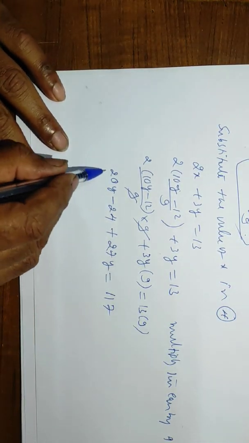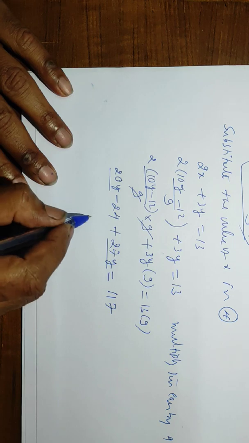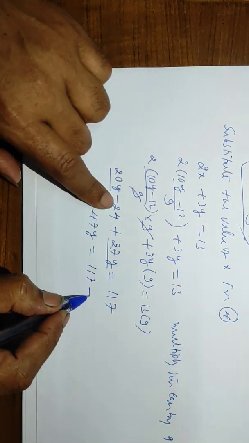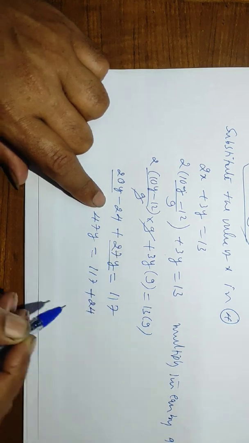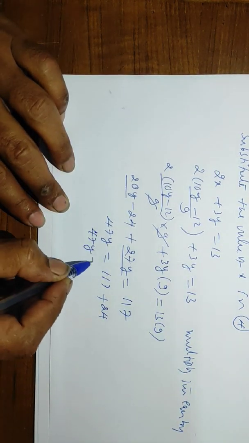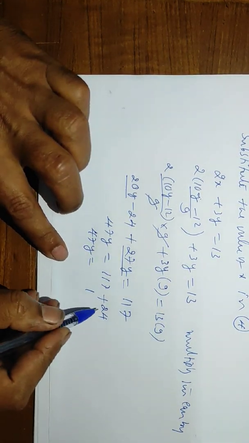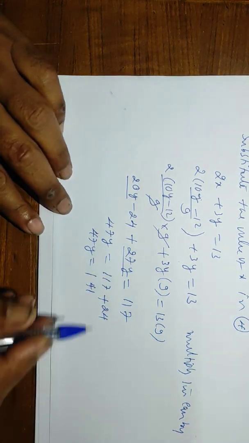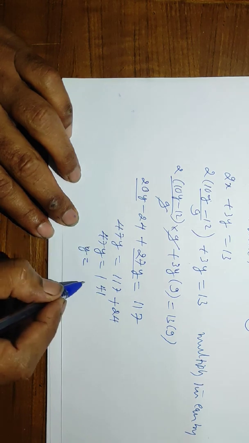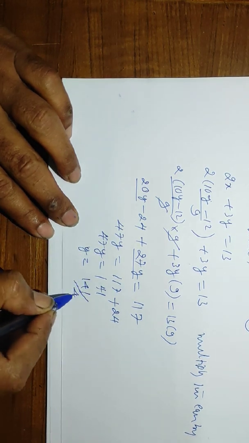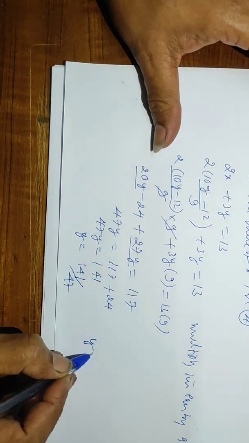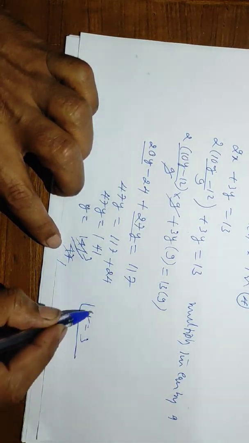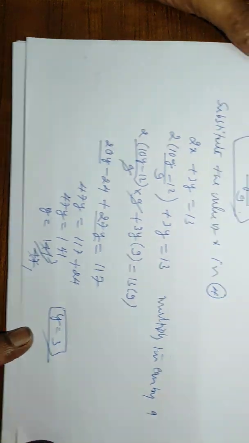So 20y plus 27y, that is 47y is equal to 117. On transposing it becomes plus 24. 47y is equal to 141. y is equal to 141 by 47. So 47 1s are 47, 47 3s are 141. So y is equal to 3.